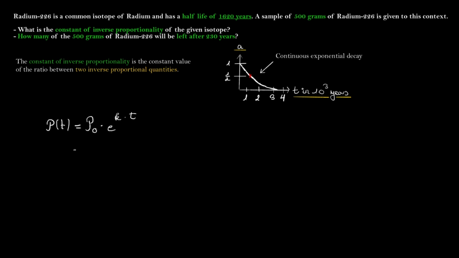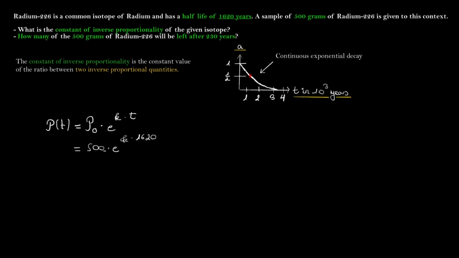So now we can just put in the values that we have. Our initial amount is 500 grams times e to the power of k, so k is still unknown, times our t, and the only t that we have is the half-life, which is 1620.